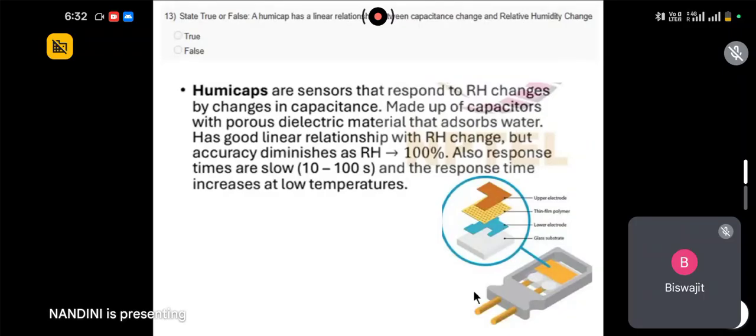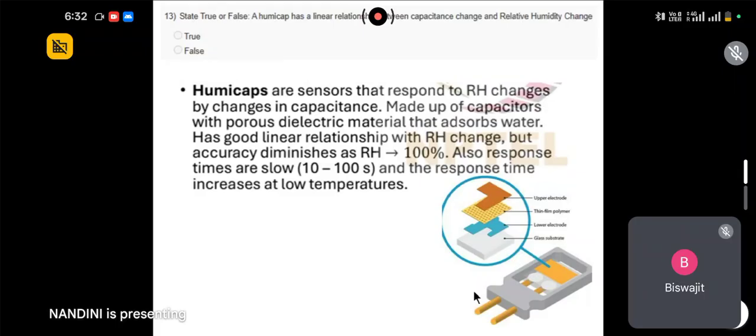Humicaps are sensors that respond to relative humidity changes by changes in capacitance. They are made up of capacitors with a porous dielectric material that absorbs water, which has a relationship with relative humidity change, and they have a slow response time of approximately 10 to 100 seconds, and the response time increases at very low temperature.